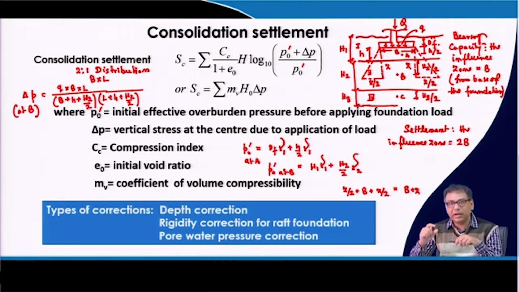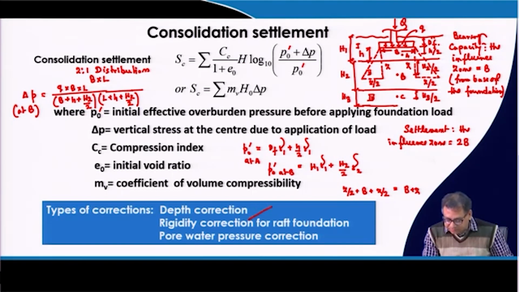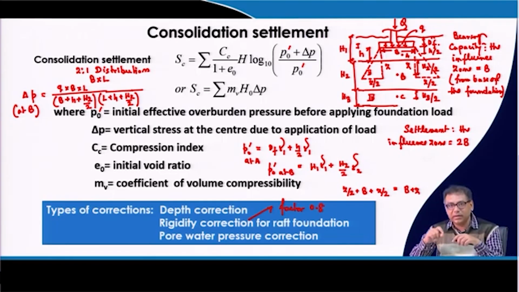If we are using them for the rigid foundation, you can use them, but we have to apply the rigidity correction, and here also that value is 0.8. So, the rigidity correction factor will be 0.8.